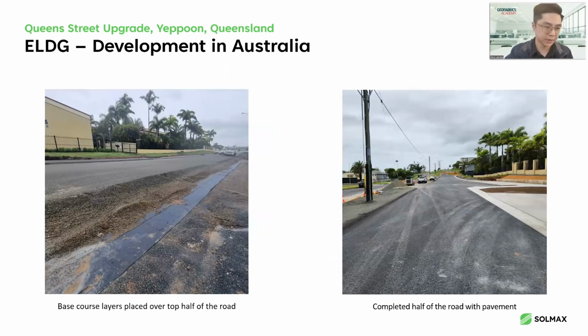And yes, the base course layers were placed over the road, and it was completed in the middle of the year for half of the road with pavement. The opposite side is still under construction, and we will follow up with the project teams, and we will collect the data as well.